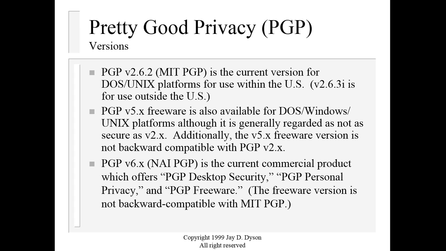Then they had a freeware version called version 5.x, and that's mainly for DOS, Windows, and Mac platforms, although it's generally regarded as not as secure as version 2, but it's freeware. And it's not backwards compatible with version 2, so don't even try it. And then you have version 6, which is your desktop applications, your commercial products, PGP Desktop Security, PGP Personal Privacy, PGP Freeware. And the freeware version, like I said, is not backwards compatible with version 2 or the MIT PGP.